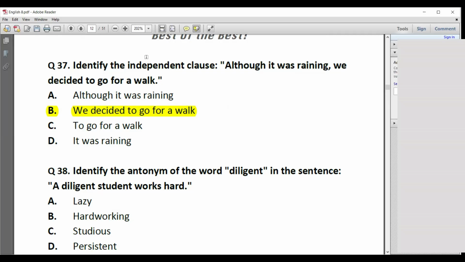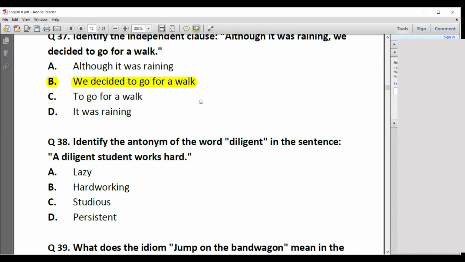Question 38. Identify the antonym of the word diligent in the sentence. A diligent student works hard. A. Lazy, B. Hardworking, C. Studious, D. Persistent.